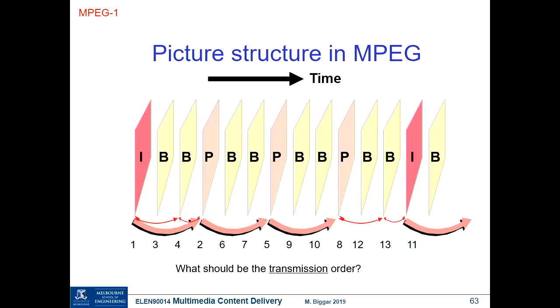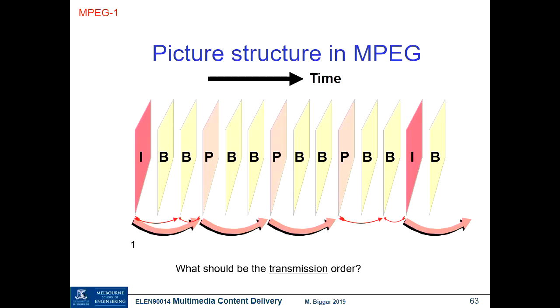But if we did that, then let me remove those numbers because it's confusing. If we did that, then we would be sending this B to the decoder, which can't do anything with it. So it just has to store it in memory. Then we're sending this one, which it can't decode, so it stores it in memory. Then we're sending this one, which it can put in memory and decode, and only then can it decode and display this one and this one.